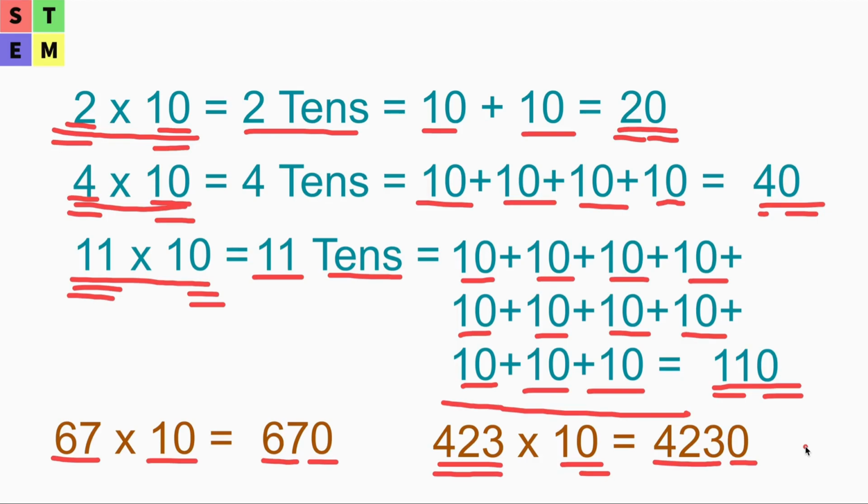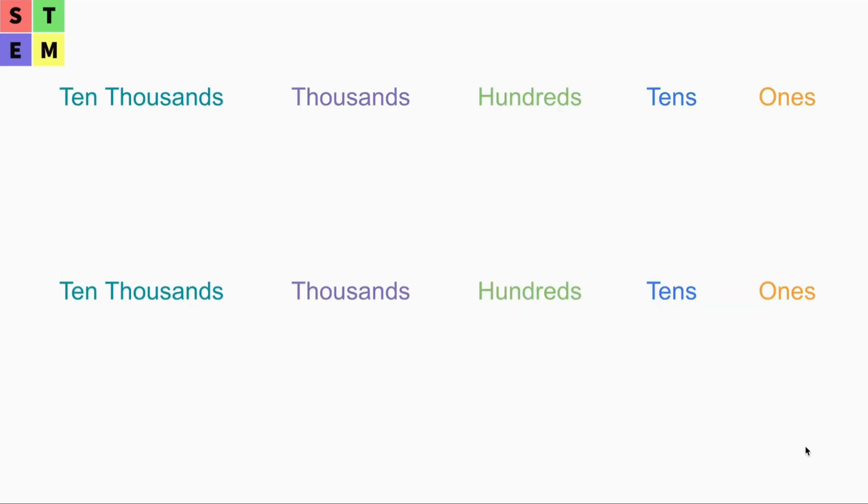Okay, so let's take a look at the place values. That will explain more about it. So we have ten thousands, thousands, hundreds, tens and ones here. In our first example, we have 67. So we got 6 tens and 7 ones. If we want to multiply 67 times 10, we will have a 0 at the end.